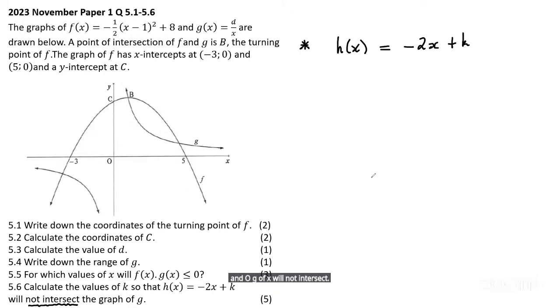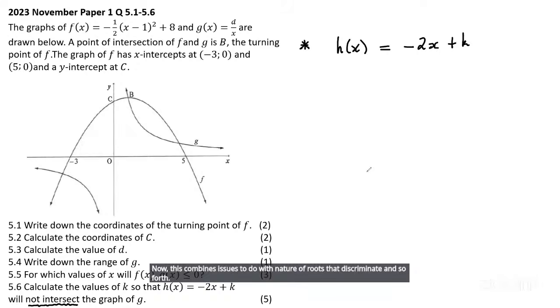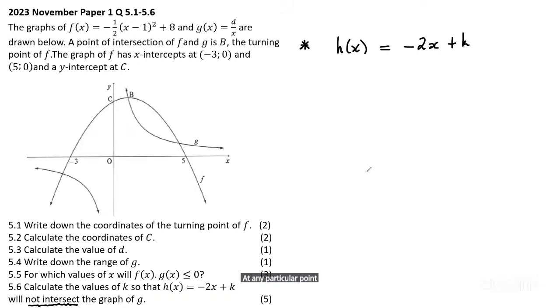Now, let me do some logic. Listen to me very carefully. This combines issues to do with nature of roots, the discriminant, and so forth.